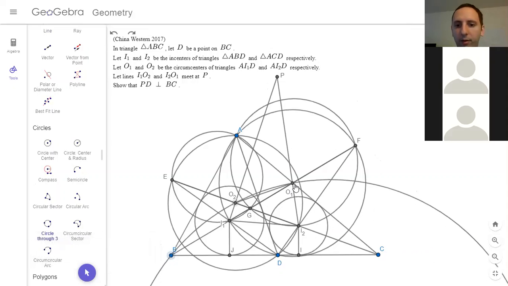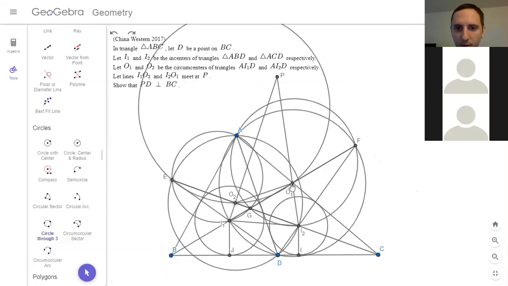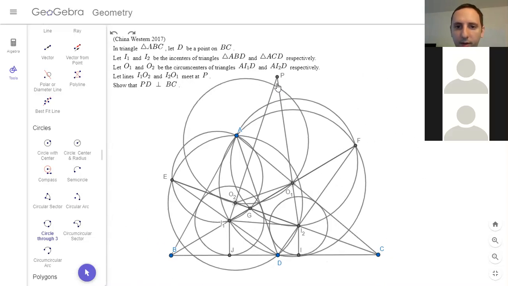Oh, no, I don't think so. Let me see. But yeah, O1, O2, B, C is not necessarily cyclic.